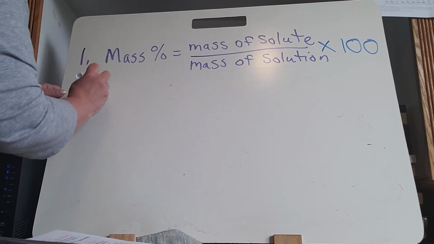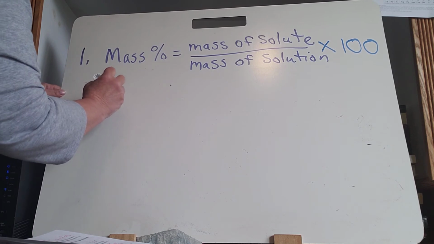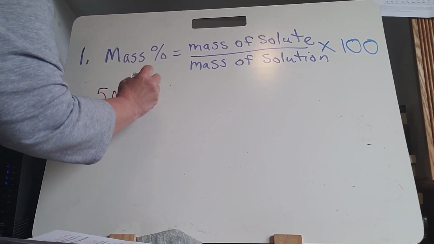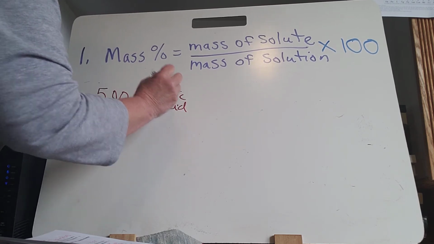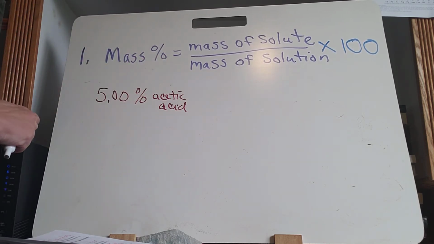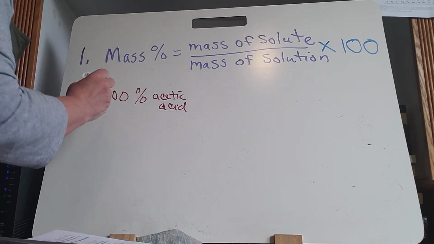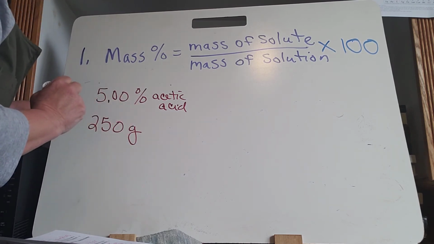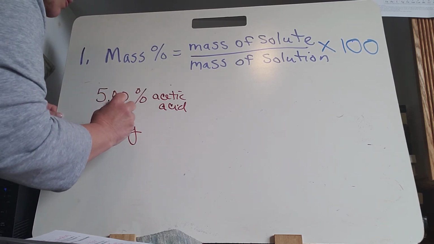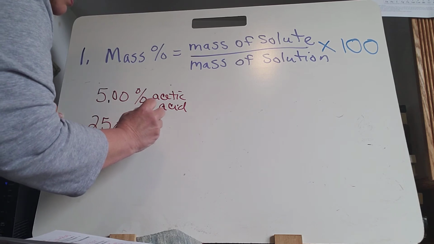So 5% acetic acid makes up vinegar. Calculate the mass of acetic acid in a 250.0 gram sample of vinegar. And do we have any decimals? Yeah, so there's 4 sig figs there.